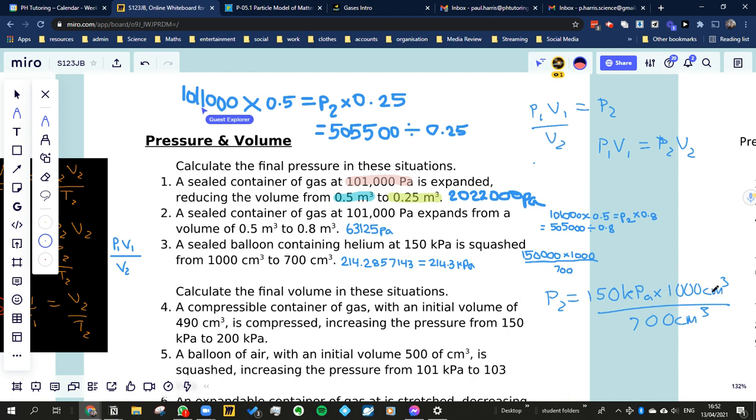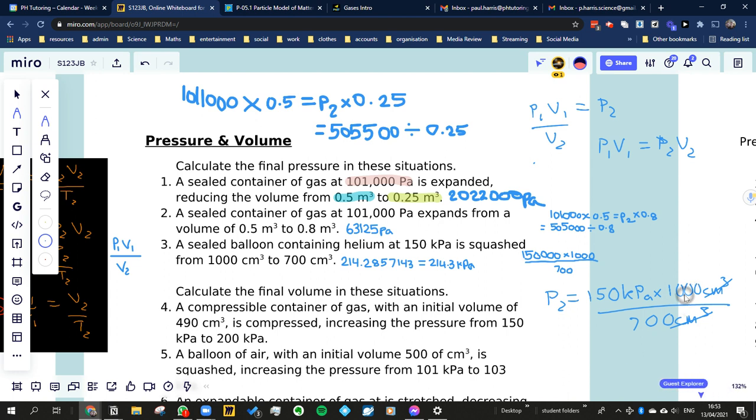So why do we bother writing the units? Because these units can work in the same way as algebra. We've got centimeters cubed divided by centimeters cubed, so we can cancel them out. And then we've got kilopascals at the top. So this tells us that the unit for P2 will be in kilopascals when I put all this through my calculator.